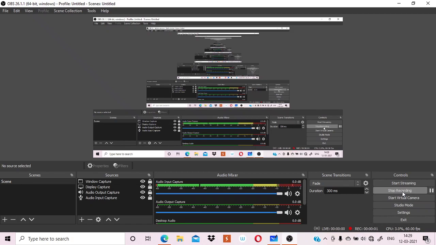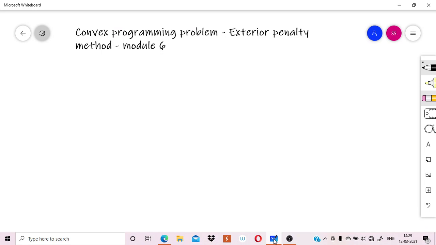In this class, we will enter into our module 6, and then we have module 5 also. After finishing module 6, we will discuss module 5.